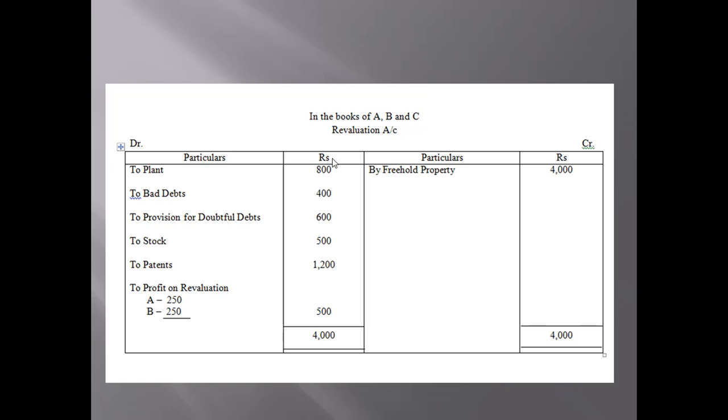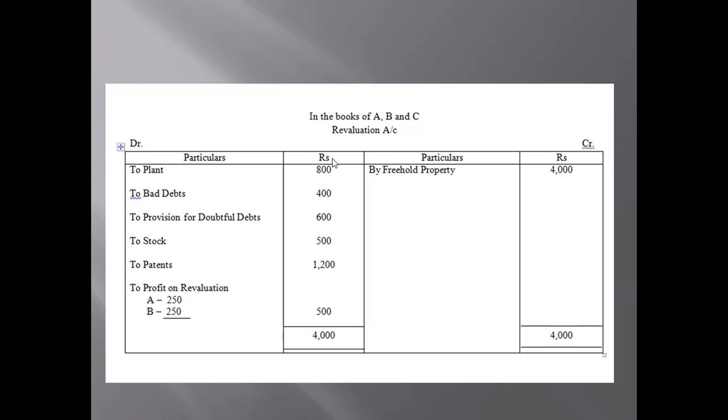We have the bad debts also. By bad debts, we mean such an amount that was to be received, but we are not receiving it. So A and B were supposed to receive 400 from a debtor, but the debtor didn't pay the amount, 400 rupees. So it is lost, isn't it?